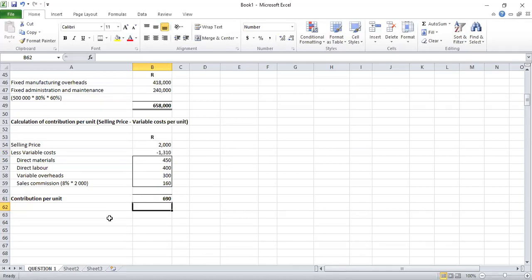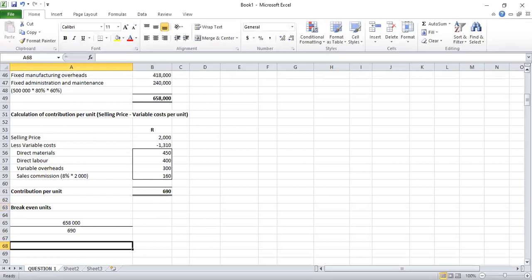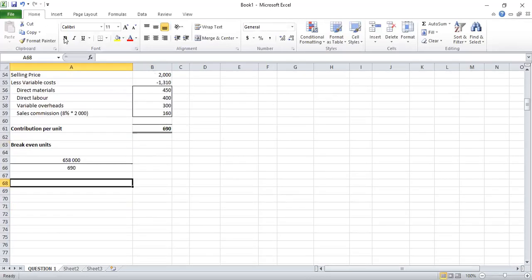Right. Then we can get the break-even units. We now say our fixed cost 658,000 divided by 690. What do we get? 953.62, so 954 units.